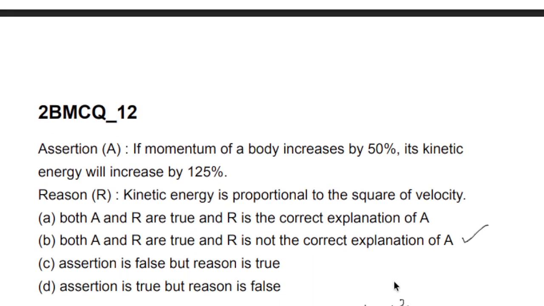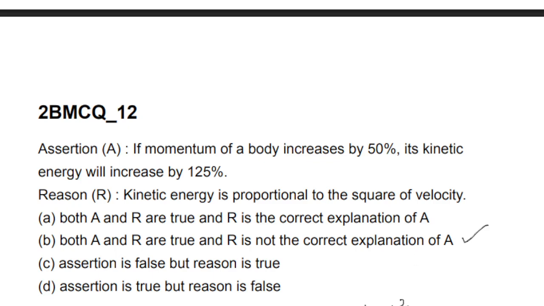So kinetic energy is directly proportional to P square, that we know. So if momentum is increasing by 50%, what does that mean? 1.5, right? 50% is 1.5, 90% is 1.9. So if momentum becomes 1.5 P, then P square becomes 1.5 square, which will be 2.25, right? So 2.25, what does that mean? It means an increase of 125%. So whenever we are getting a fraction, we should be able to think in terms of percentage.